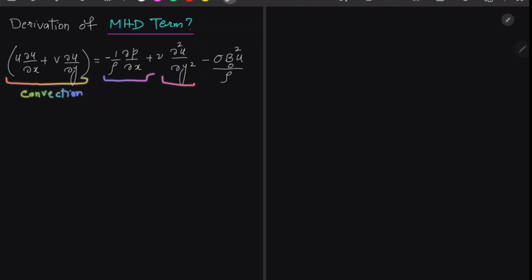The second term on the right hand side is the diffusion term. And this one, which I already told you, is the Lorentz force. So generally, we write this x momentum equation like this.